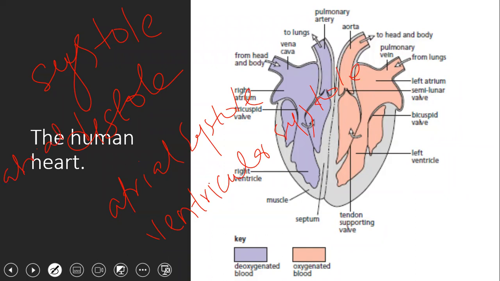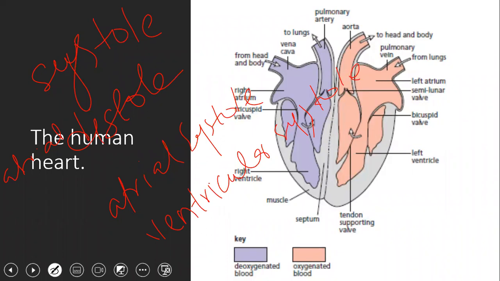You will say the atrium is relaxing. And if I say ventricular diastole, that means the ventricle is relaxing. This altogether is known as your cardiac cycle, because our heart is contracting and relaxing.